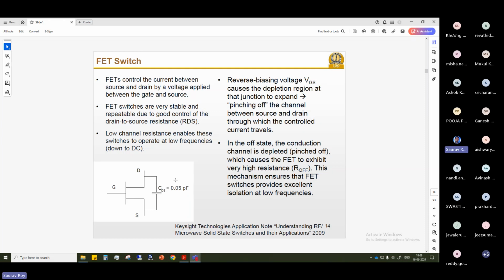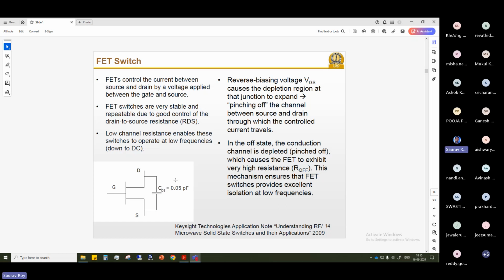When the gate-to-source voltage is below threshold, the channel is not formed, and it acts like a switch in the off situation, right? So just by applying the gate-to-source voltage, you can control the current between source and drain. That is the very basic of any FET.